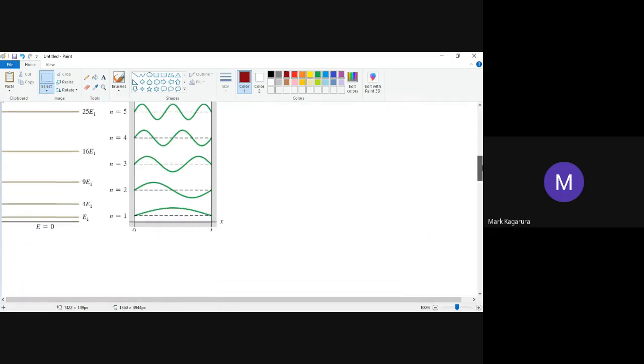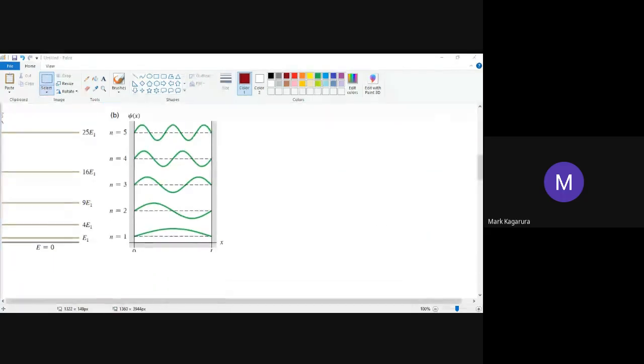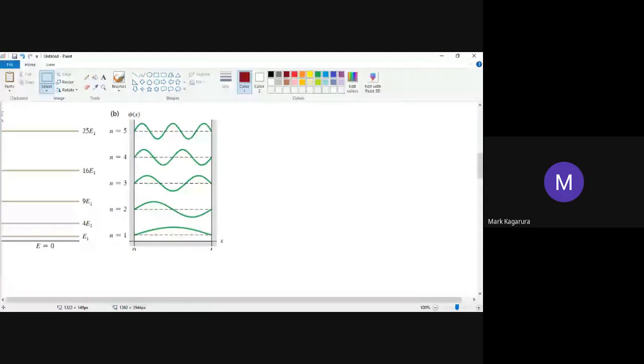The same way you had the energy levels, that is n equal to 1, n equal to 2, n equal to 3, etc. These are the resultant waves that you have.